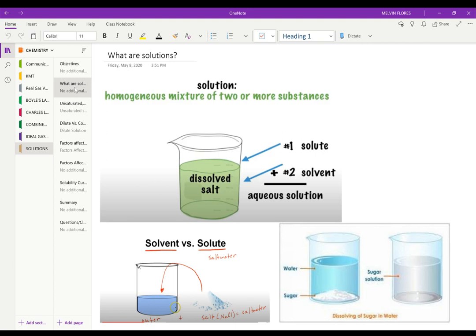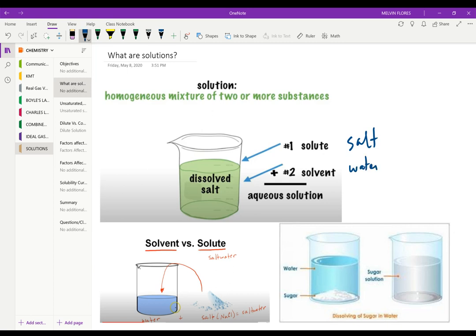For example, in this beaker of salt water, we have the salt as the solute, and our solvent is the water. We call this an aqueous solution if the solvent is water.